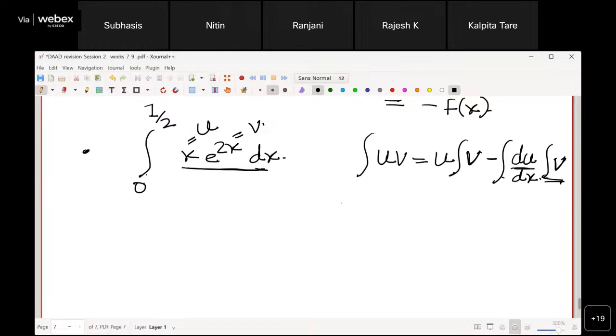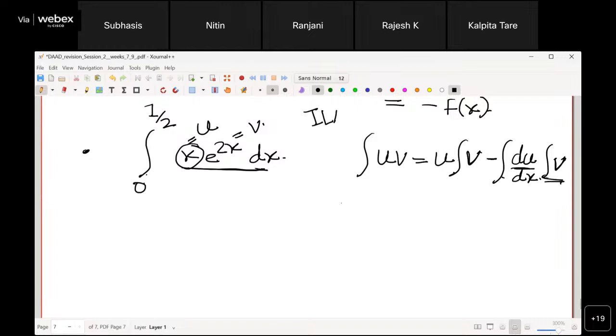So basically, you have to choose this u and v carefully. Here u is precisely x and v is precisely e power 2x. There is one rule, right?